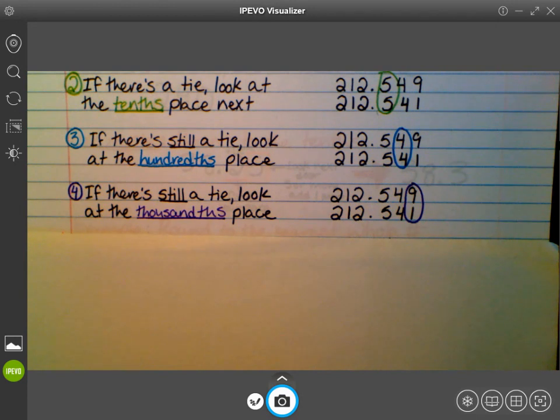To write the word thousandths, it's the same as writing the word thousand with THS at the end. So number 4, if there's still a tie, look at the thousandths place and circle the thousandths.